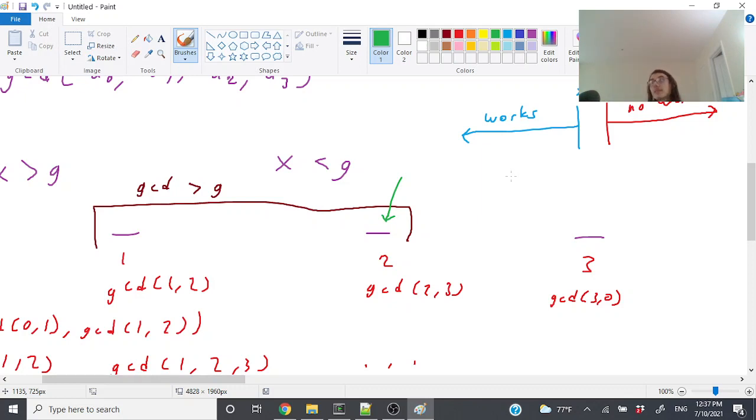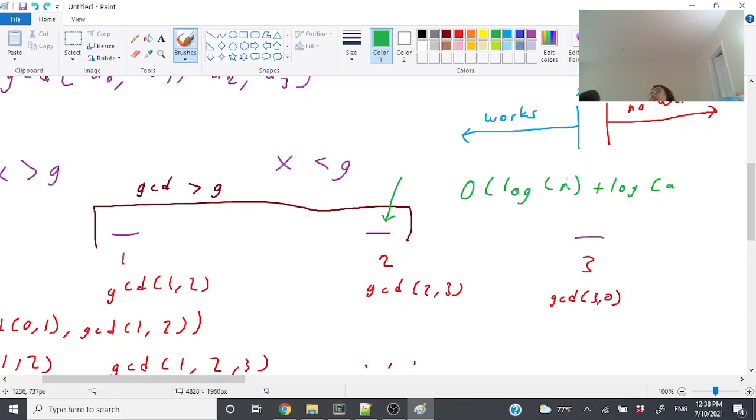If implemented in a smart way, you can make the segment tree work in O of log n plus log Ai.